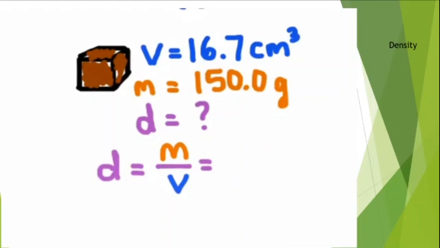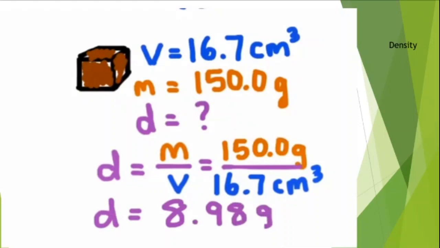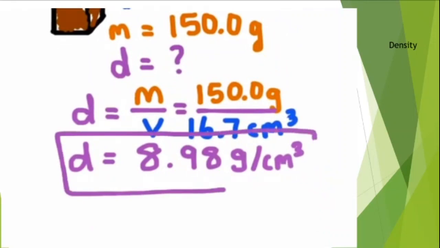And so the mass is 150 grams divided by the volume of 16.7 cubic centimeters. We'll see that the density is equal to 8.98 grams per centimeter cubed. And that's our final answer.